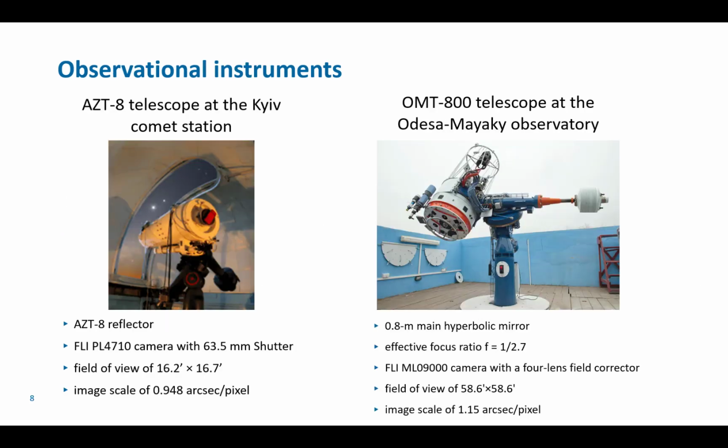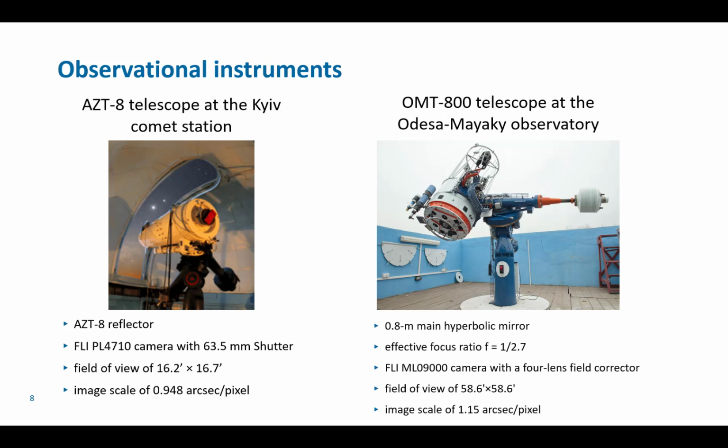On this slide, you can see some observational instruments on which we performed testing of the developed algorithm: the AZT-8 telescope at the Kyiv Comet Station and the OMT-800 telescope at the Odessa Mayaki Observatory. Both observatories have the official identifier from the Minor Planet Center from Harvard, called MPC code.